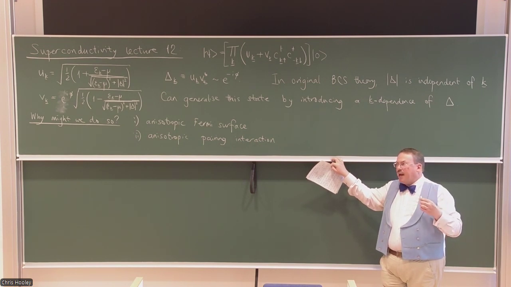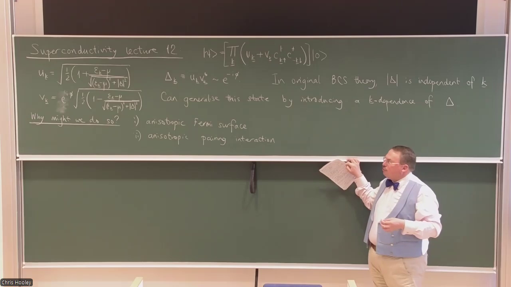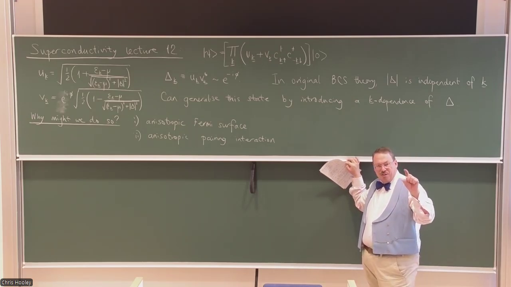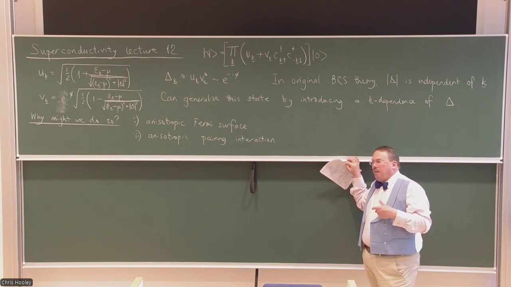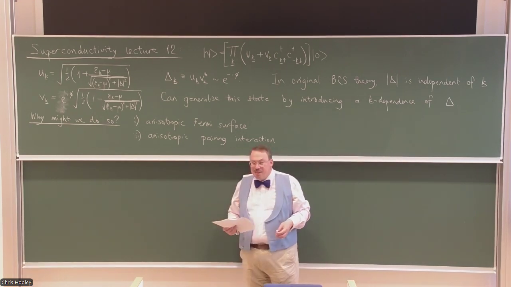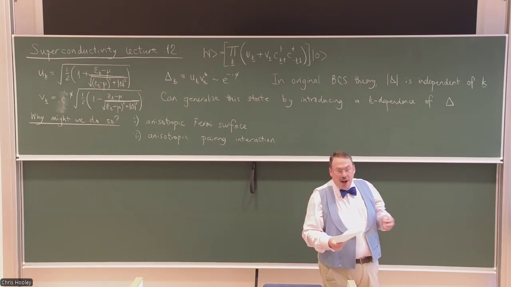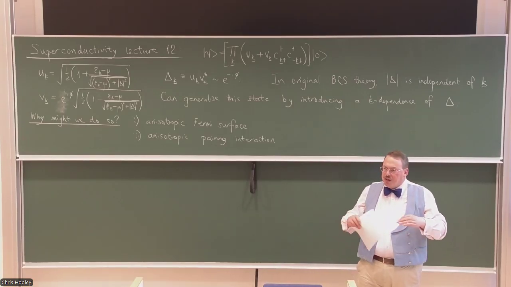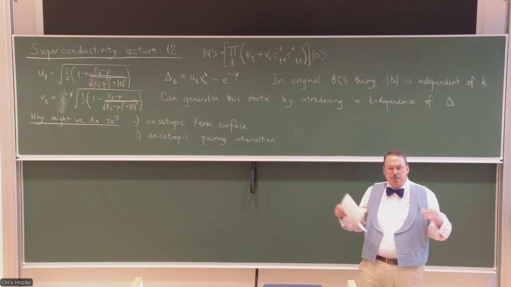And we sort of cartooned that as an attraction which is constant within a certain window of the Fermi level and 0 outside, and that's isotropic. But again, if your pairing is caused by something which comes from the lattice, then it's entirely possible that thing, if you go to strong coupling, for example, you start sampling phonons that are not near the bottom of the band, they won't be perfectly isotropic.